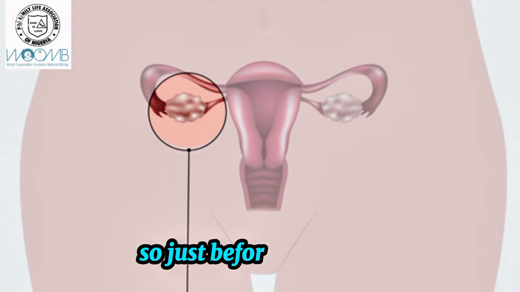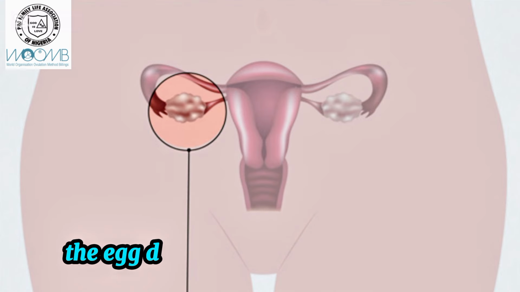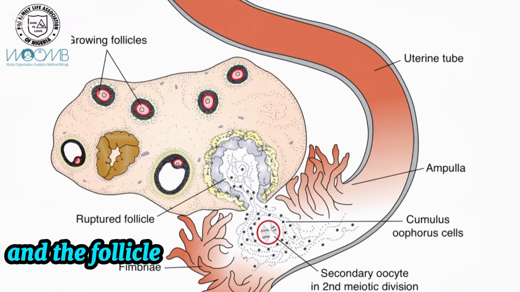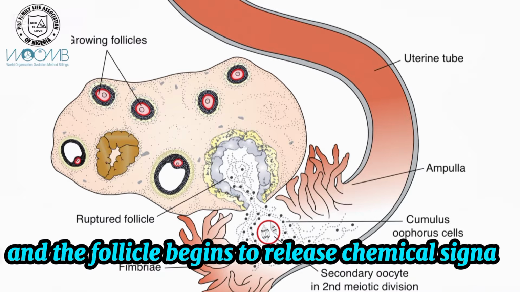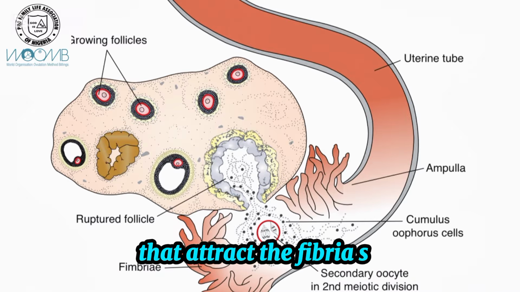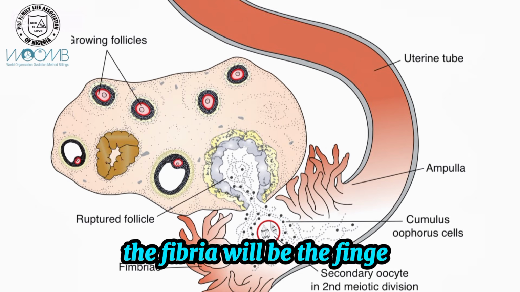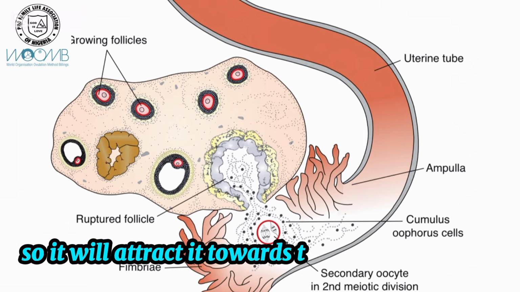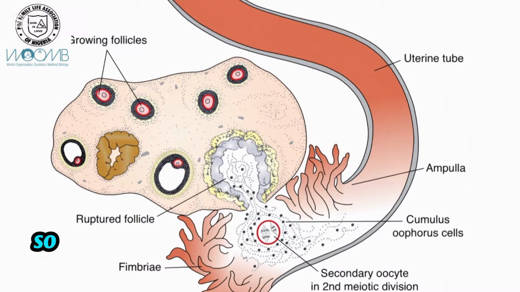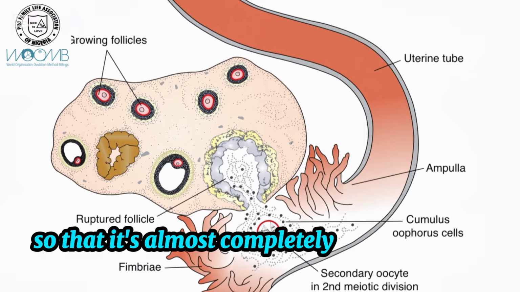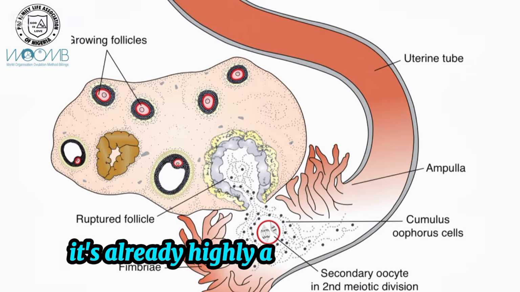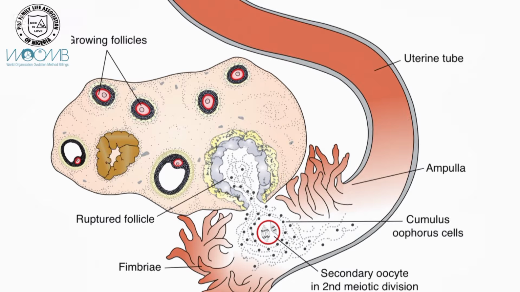So just before ovulation, the egg detaches from the follicle wall and the follicle begins to release chemical signals that attract the fimbriae. So the fimbriae will be the finger-like ends of the fallopian tube. So it will attract it towards the ovulating ovary so that it almost completely surrounds the ovary, because at this time it's already highly active and swollen.